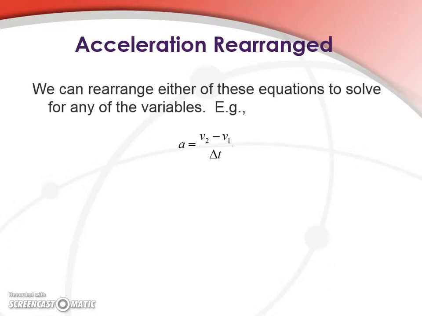So if we take our acceleration case, if we want to, we can isolate for v2, our final velocity. And what are we saying? We're creating an expression where if we know the acceleration, the starting velocity, and the time, we can get v2, no great shock. And how do we do this? Well, first off, we need to get delta t off the bottom, so we multiply both sides by delta t.